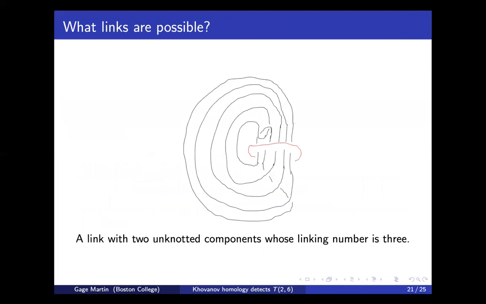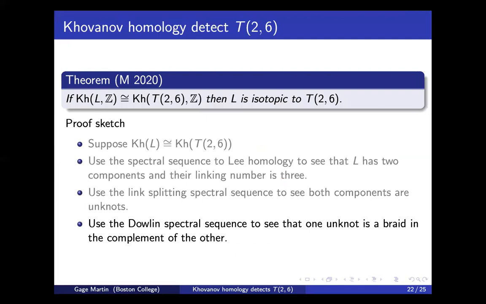But this link still isn't T(2,6). We want to find some more information about our link L from its Khovanov homology to rule out something like this. And so how we find that final bit of information is if we use the Dowlin spectral sequence to knot Floer homology, and the fact that link Floer homology detects braid closures in the complement of an unknot, we could see that one of our unknots is a braid in the complement of the other.